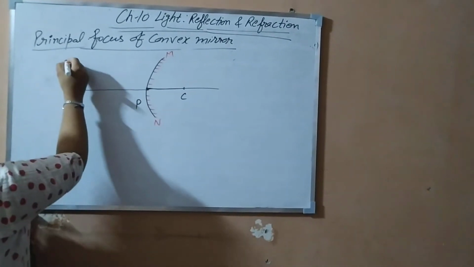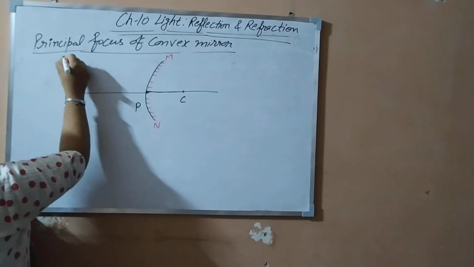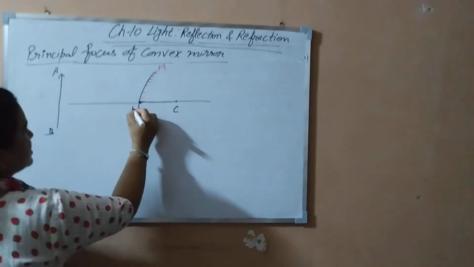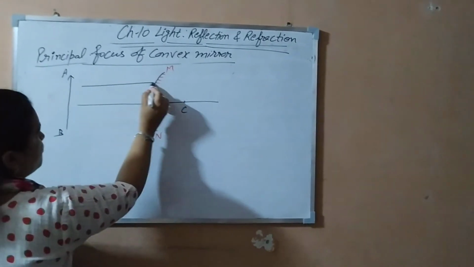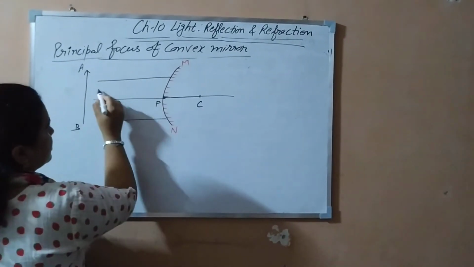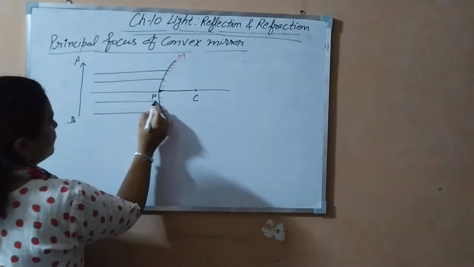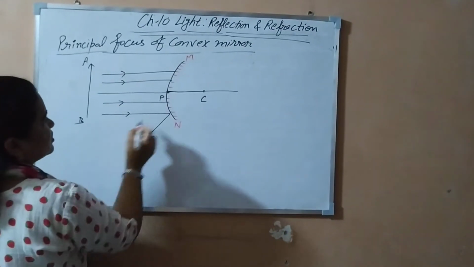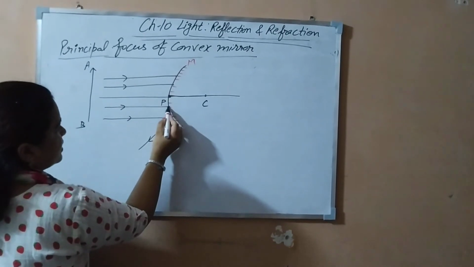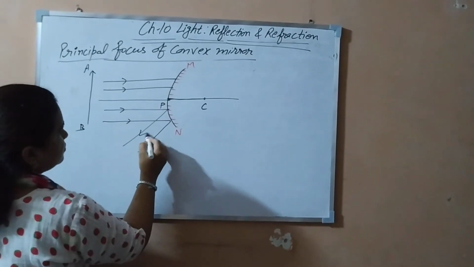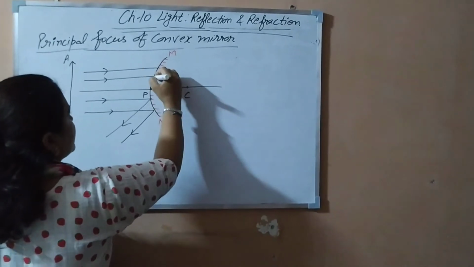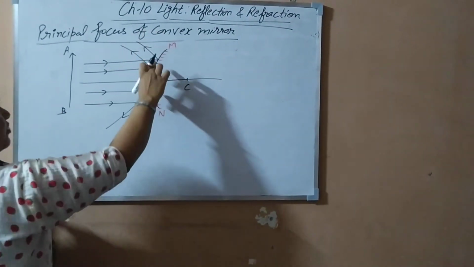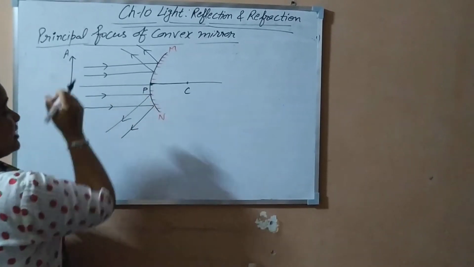Now if we allow rays from any object to fall on this reflecting surface, a number of parallel rays, due to this curved outward surface, diverge out. This is the principal axis. They diverge out, as you are watching, like this. So when parallel rays fall on a convex mirror, they diverge out.